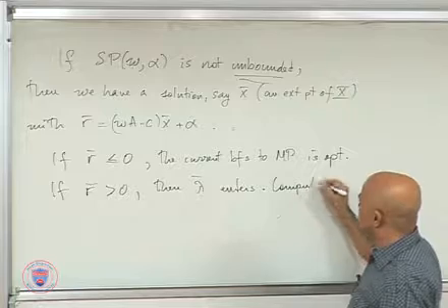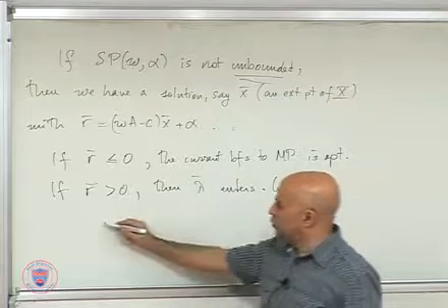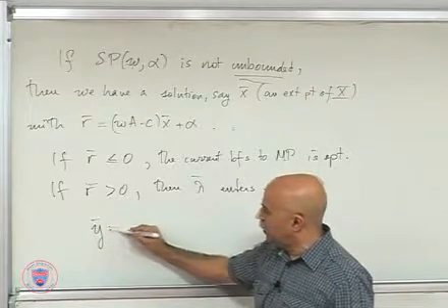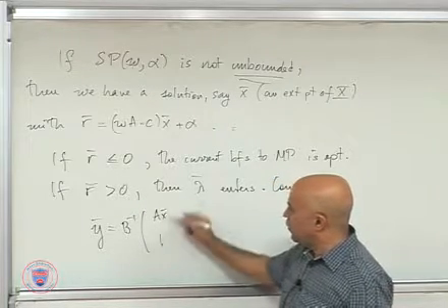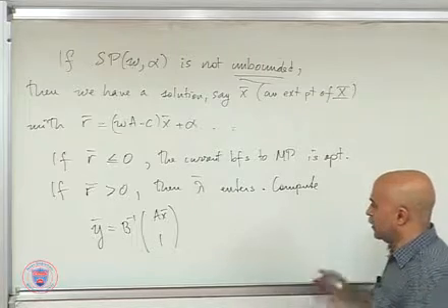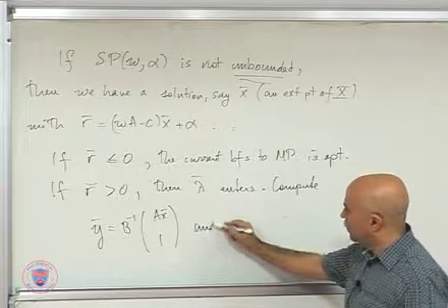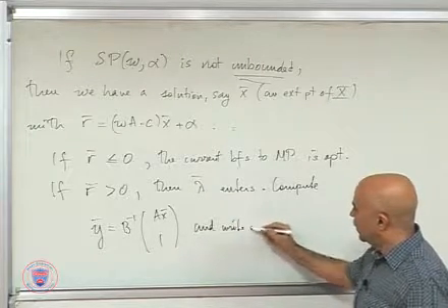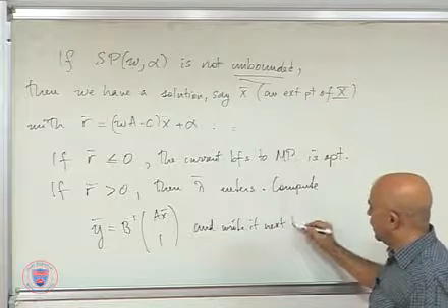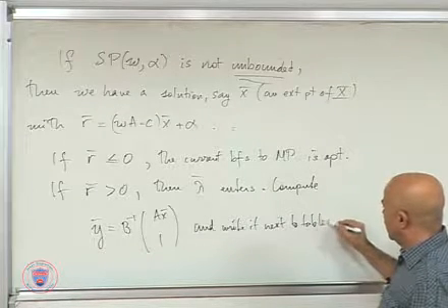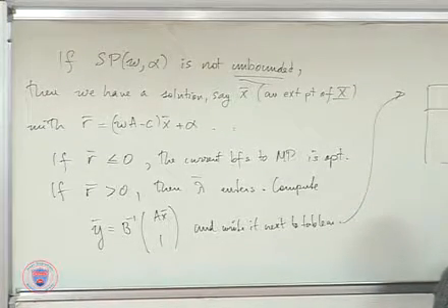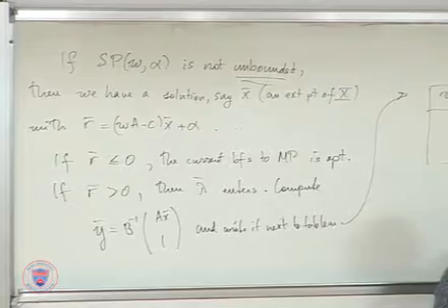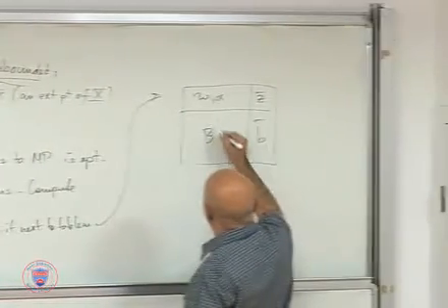R bar is already computed, so we also compute y bar, which is your B inverse times a x bar and 1, and then write it next to the tableau, which had W alpha, z bar, b bar, and B inverse.